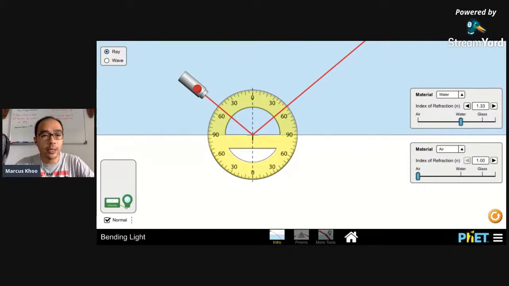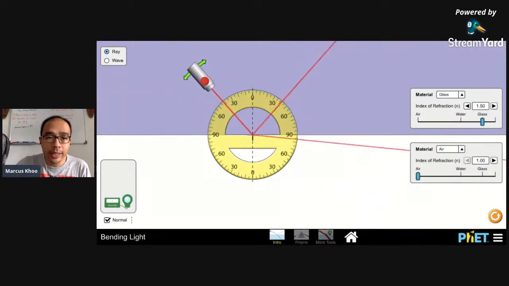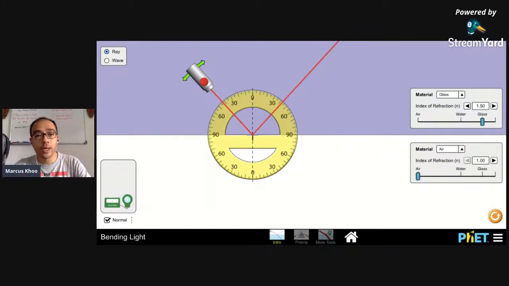Water is 1.33 and the critical angle is 50 degrees. Second material is glass. Glass is 1.5 and the critical angle is about 42 degrees. Sorry, I'm writing down on my PowerPoint.